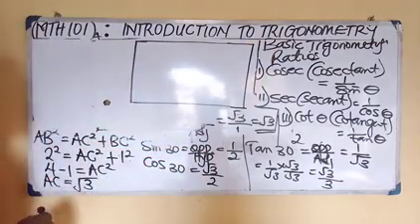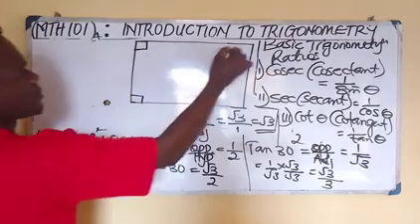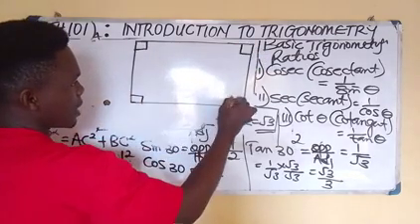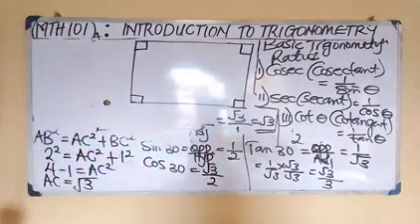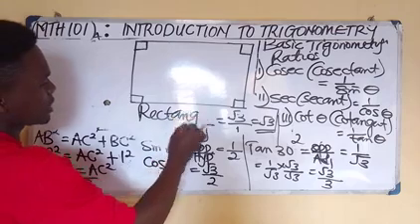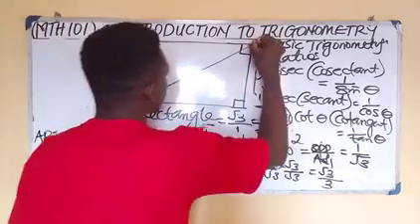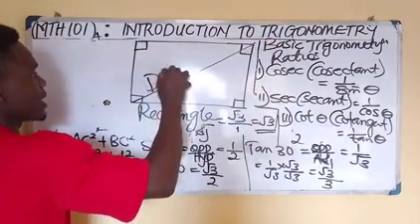This is a rectangle, right? This is angle 90, angle 90, angle 90, angle 90. Alright? This shape is a rectangle. And the line that divides a rectangle into 2 equal parts, we call it the diagonal.